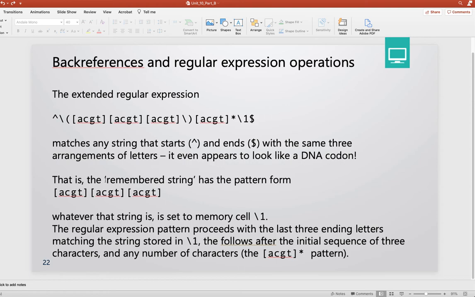So the remembered string has a pattern like ACTG, ACGT, and so on, and whatever that string is gets set to memory cell number 1. The regular expression pattern then proceeds with the last three ending letters matching the string stored in memory cell 1, which follows after the initial sequence of three characters and any number of characters, like the ACGT and star pattern.